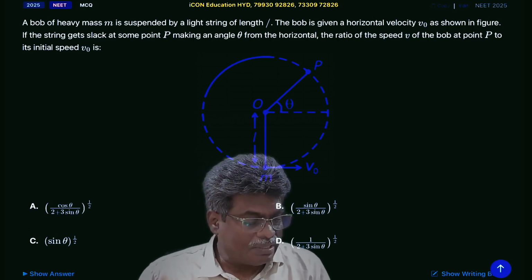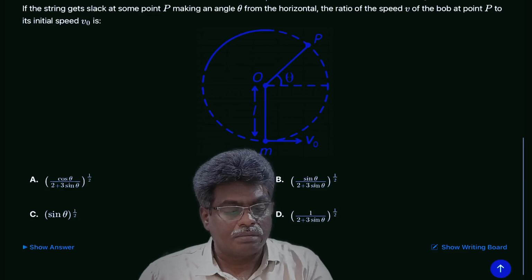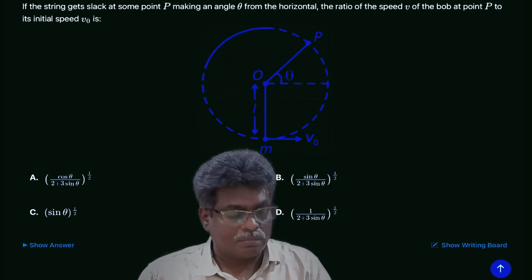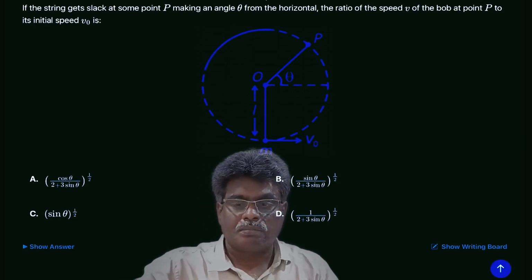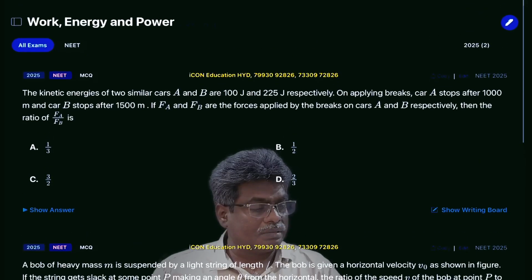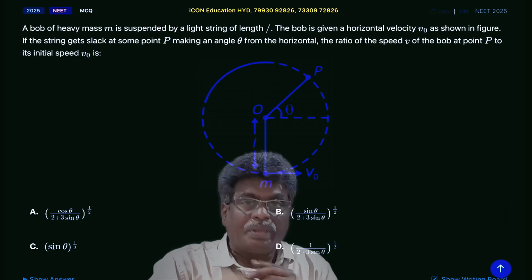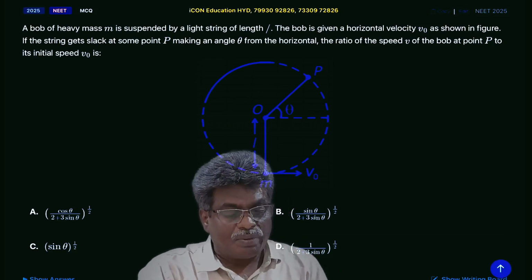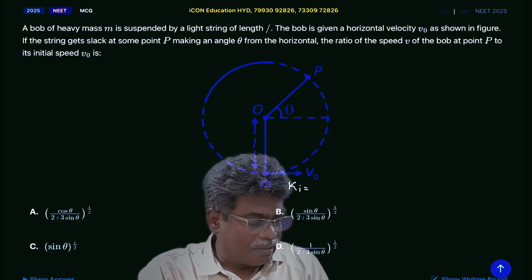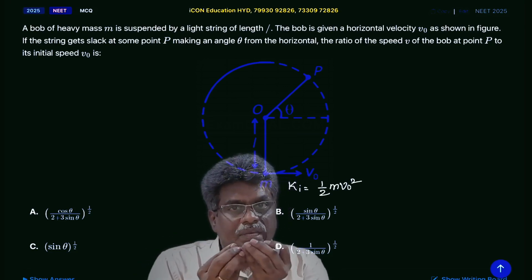So here they have given initial velocity v naught, so we can write the initial kinetic energy, half m v naught square. Okay, so you have given this initial velocity v naught.